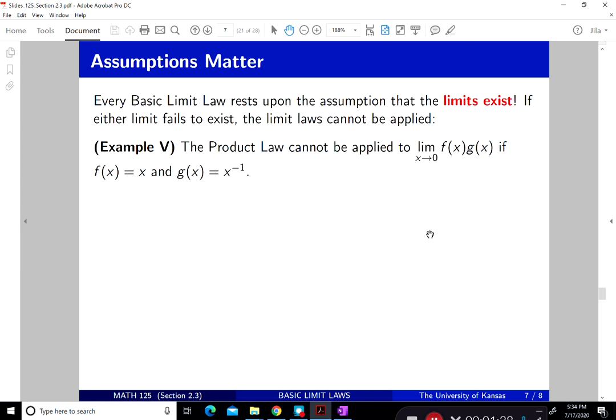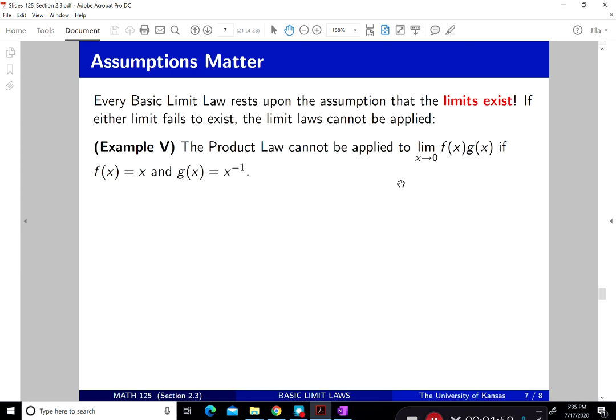But that's not how things work, and we have to be very careful as we progress: if we're separating the limits by any of the basic laws, both limits have to exist, otherwise it's not going to work.